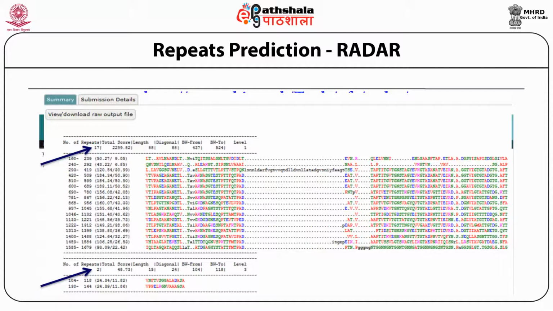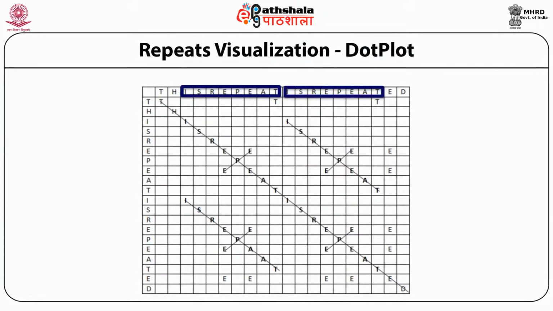A dot plot, on the other hand, is very useful to appreciate the sequence features graphically. A dot plot gives a visual presentation of the sequence repeats. For example, a protein sequence with a repeat can be analyzed using a dot plot.